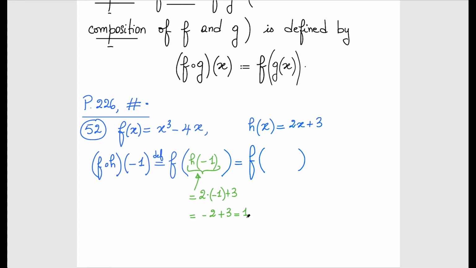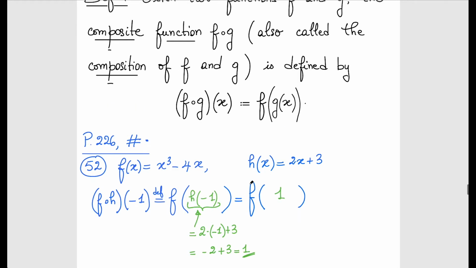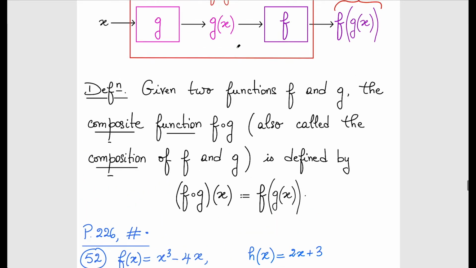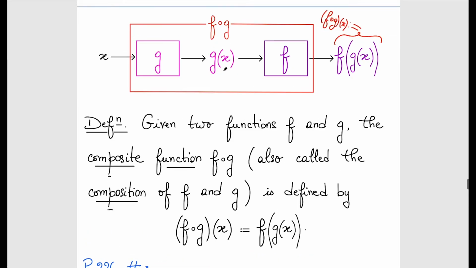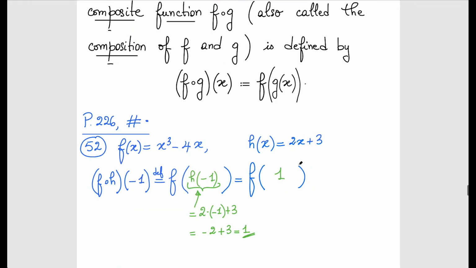Okay, so h of -1 is 1, so 1 is going to sit right there. Back to the diagram, h of -1, the intermediate piece, happens to be 1. Now this number 1 is sent as an input to the function f, and the output is f of that 1, right? So the output of the composite function is f of that number 1.